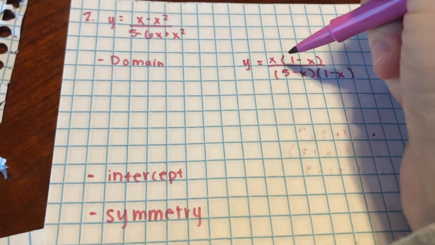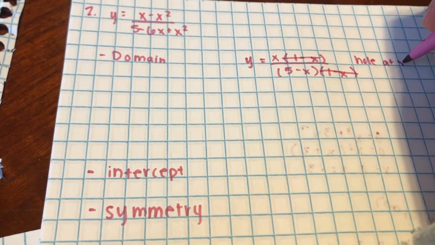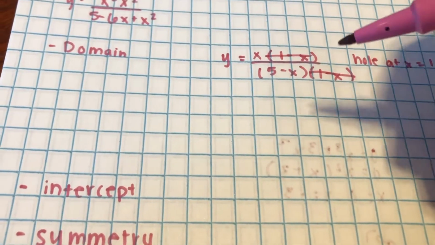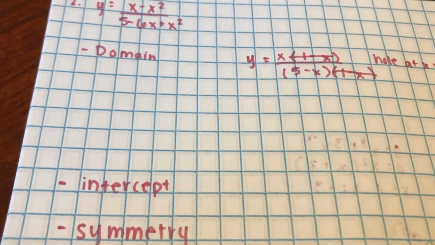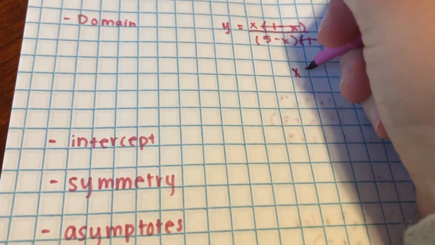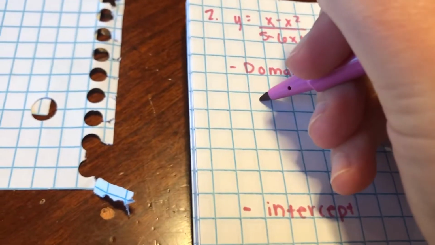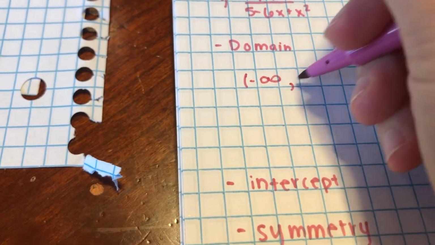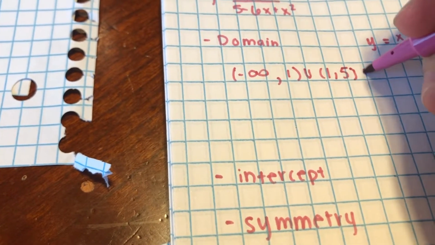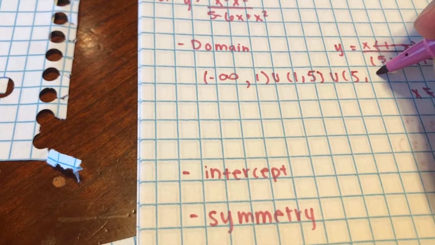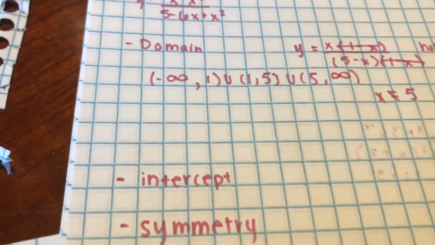So we see that these two actually cancel out, so we have a hole at x equals 1. We can also see that when we plug in 5 for x, we get 0 in the denominator, so x cannot equal 5. So our domain is negative infinity to 1, in union with 1 to 5, then union with 5 to infinity. This just accounts for the hole and the asymptote that we have.